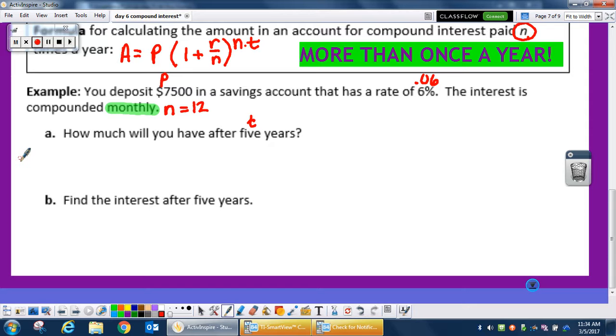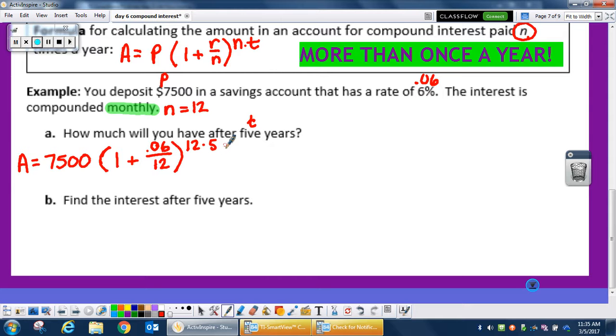So I would always show your work in case you get the actual calculation wrong. So how much will you have after 5 years would be A equals P, 7,500, parentheses, 1 plus R, which is 0.06, divided by 12, to the 12 times 5.